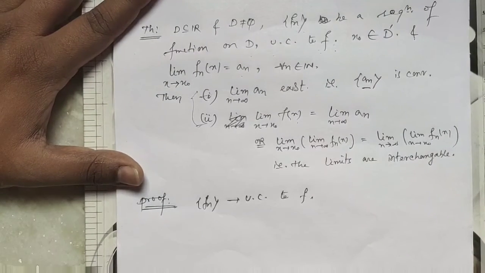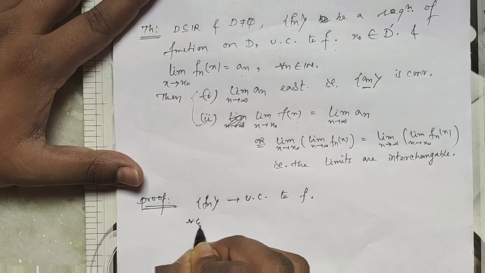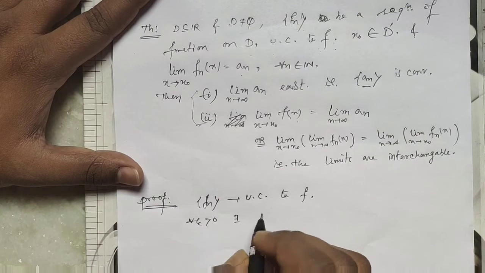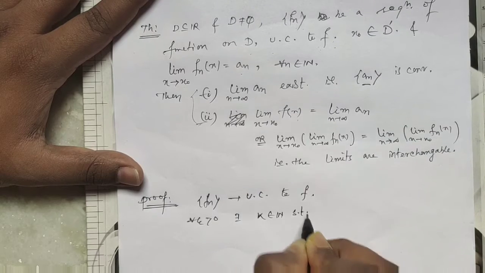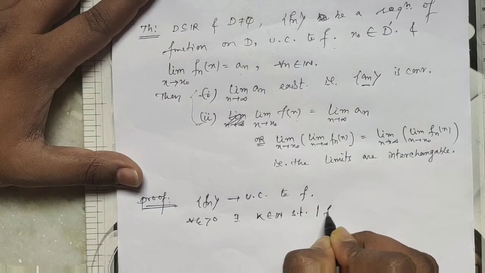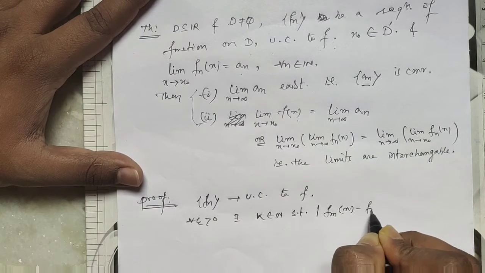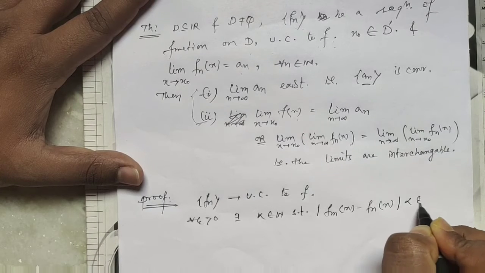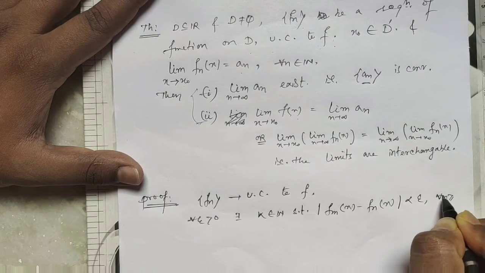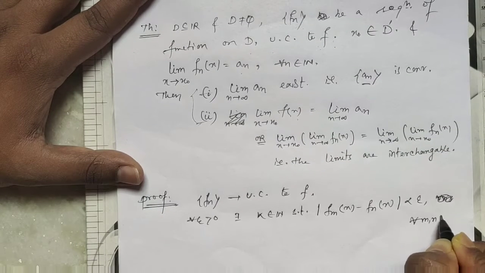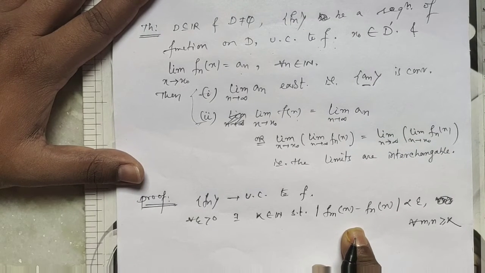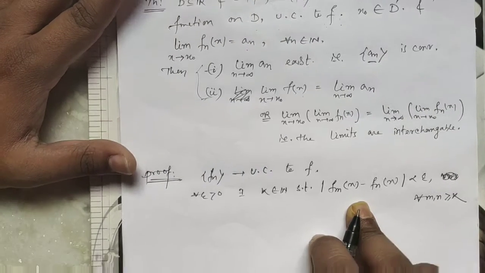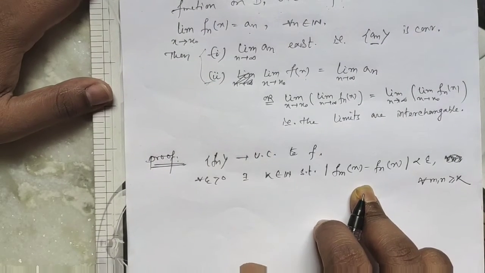So by Cauchy criteria, for each epsilon greater than 0, there exists k belongs to N such that mod of f_m(x) minus f_n(x) is less than epsilon for all m, n greater than or equal to k. This is the alternative condition of Cauchy criteria. We discussed this in previous classes.